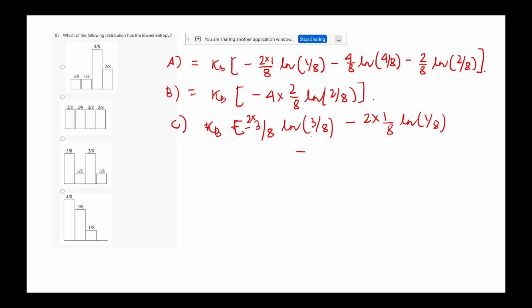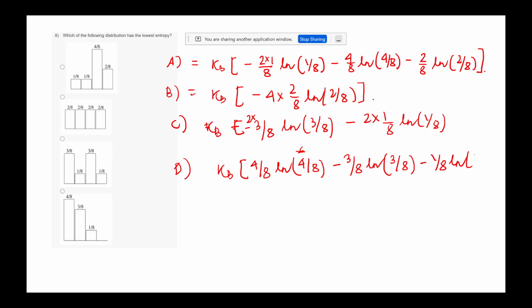Option D says kB times 4 by 8 ln 4 by 8 minus 3 by 8 ln 3 by 8 minus 1 by 8 ln 1 by 8.